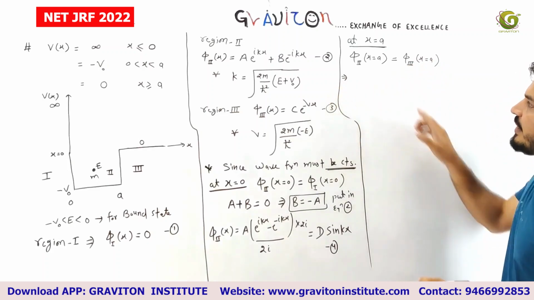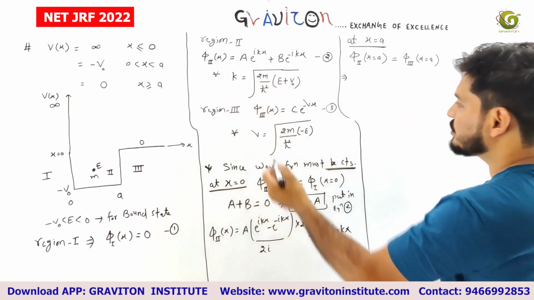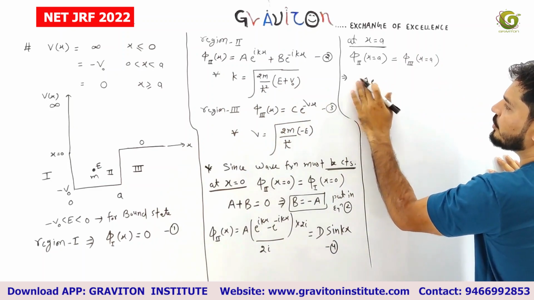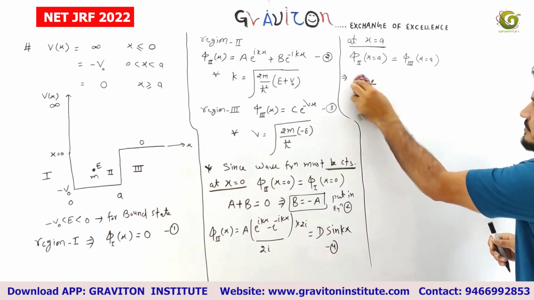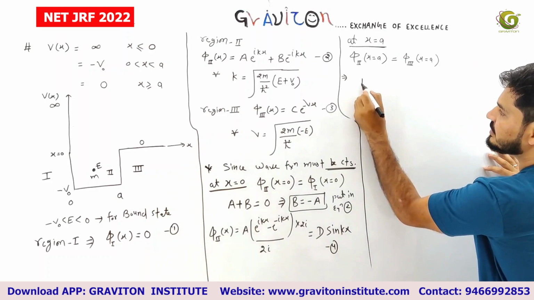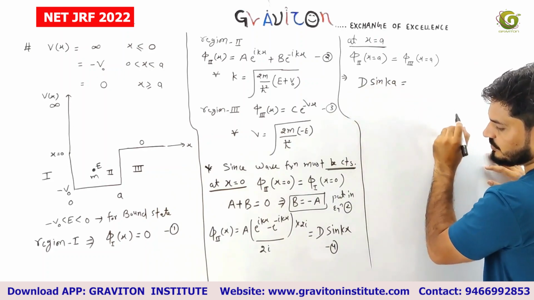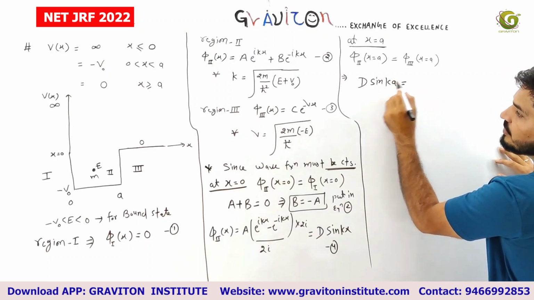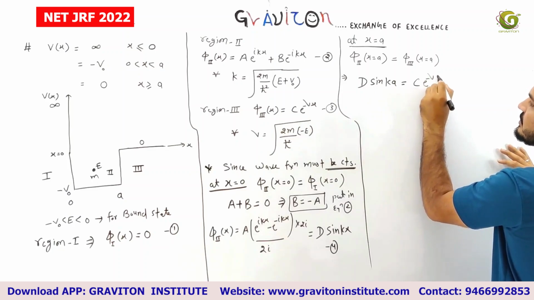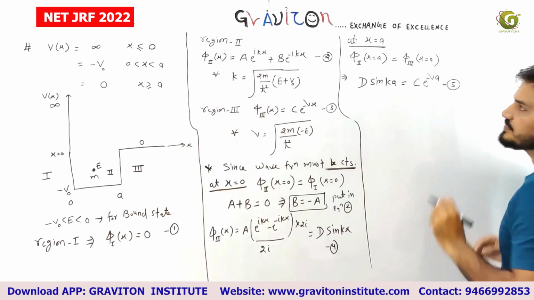Now to put the value of a in phi 2 and phi 3, I can use this wave function d. So this is d sin ka, which equals, from this equation, c e to the power minus gamma a, and let's suppose this is equation 5. Fine.